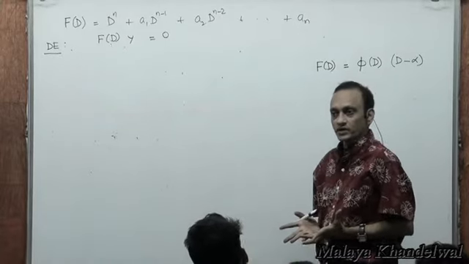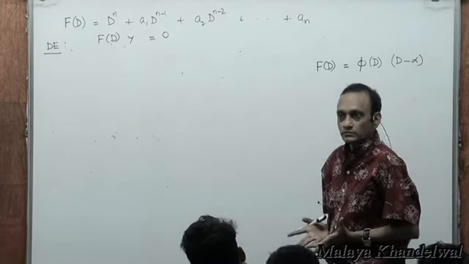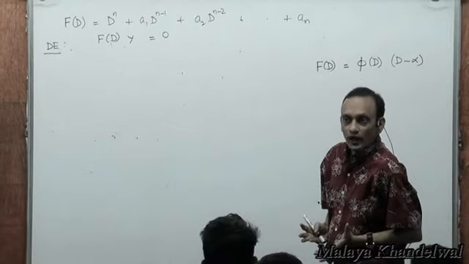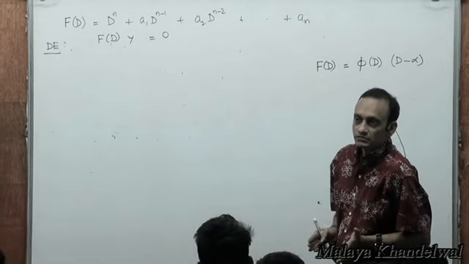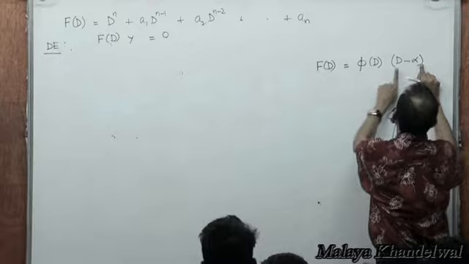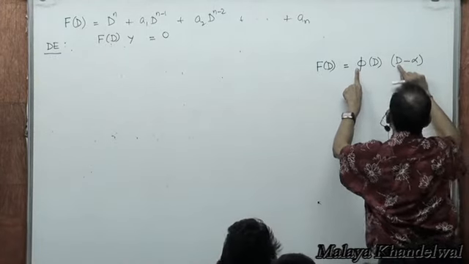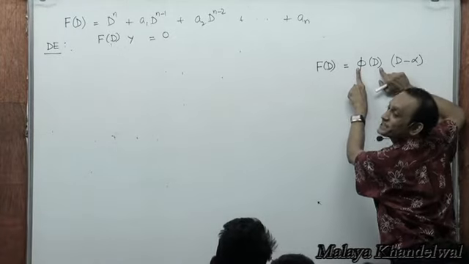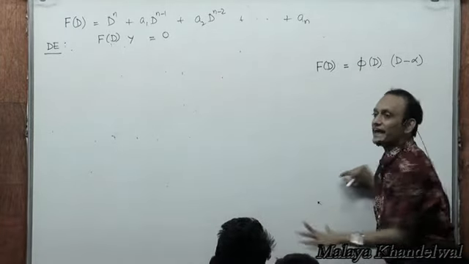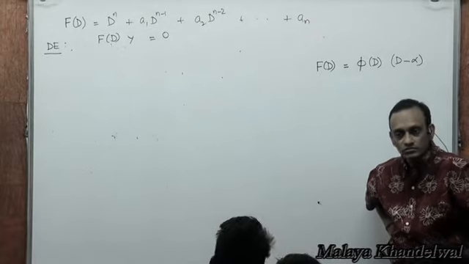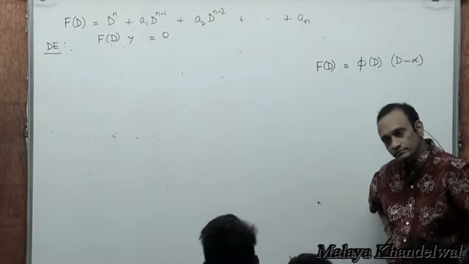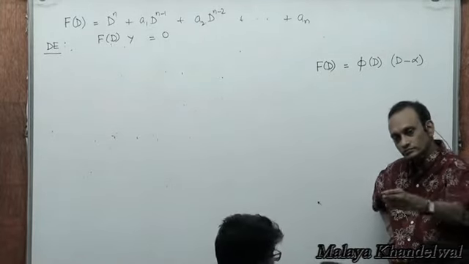It's an algebraic expression in D. If it vanishes at D equal to alpha, then D minus alpha must be a factor. So this is order 1, and phi(D) must be order n minus 1, so that the total order is n.